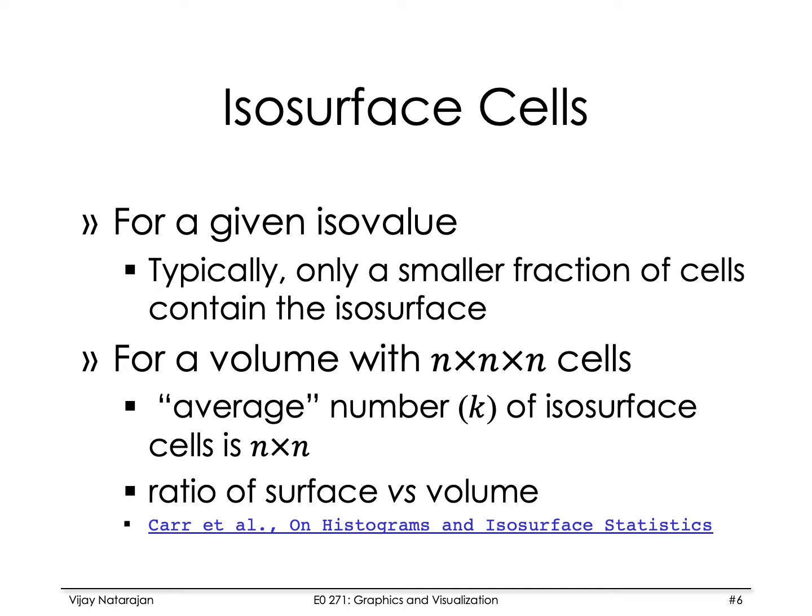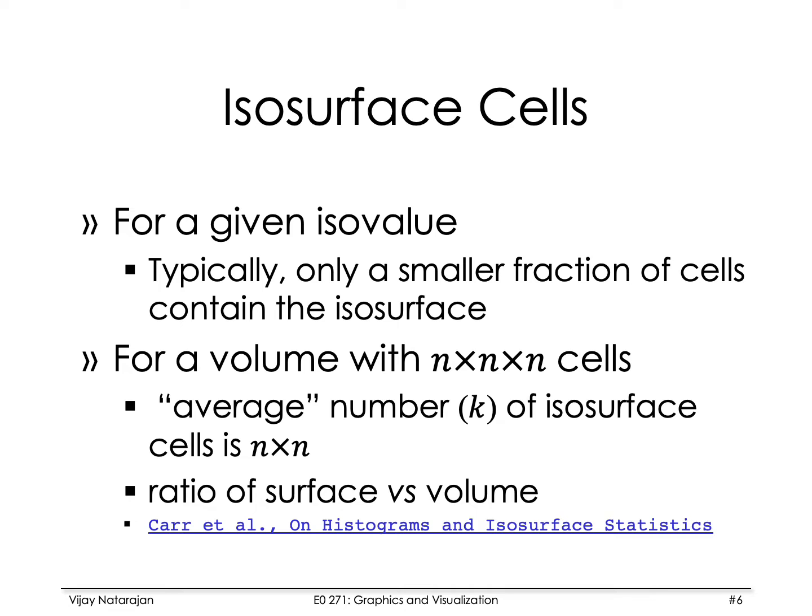So for example, if I have a volume with n cross n cross n cells, so n cubed cells, the average number of isosurface cells, as in the average number of cells that contain the isosurface, is n squared.